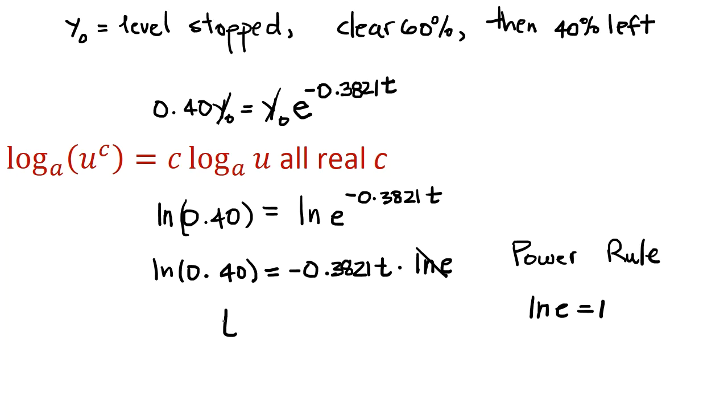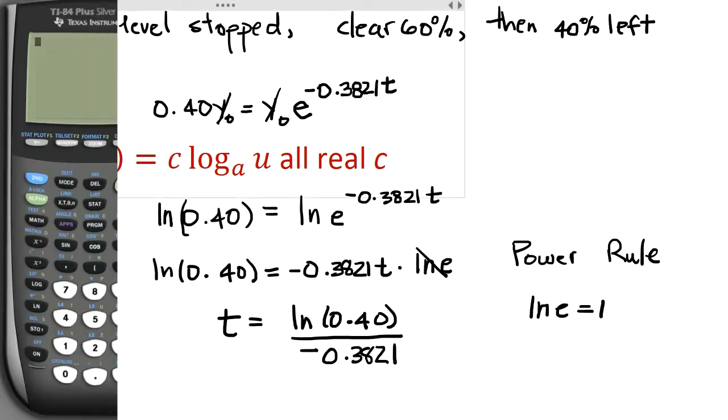and solve for t. T then equals the natural log of 0.40 divided by minus 0.3821, and we'll get an approximation for that value.